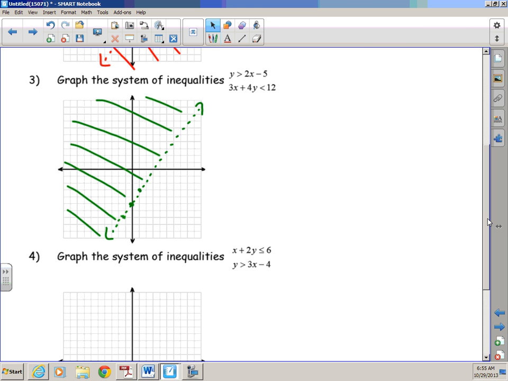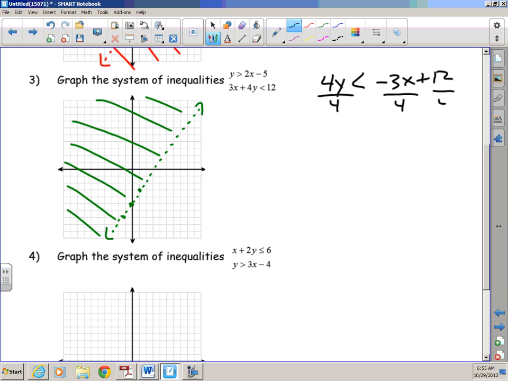Now, the second equation, or inequality, I have to convert. So I get 4y is less than negative 3x plus 12. Divide everyone by 4. Y is less than negative 3/4 x plus 3. So I'm going to graph that inequality. Negative 3/4: up 3, over 4.